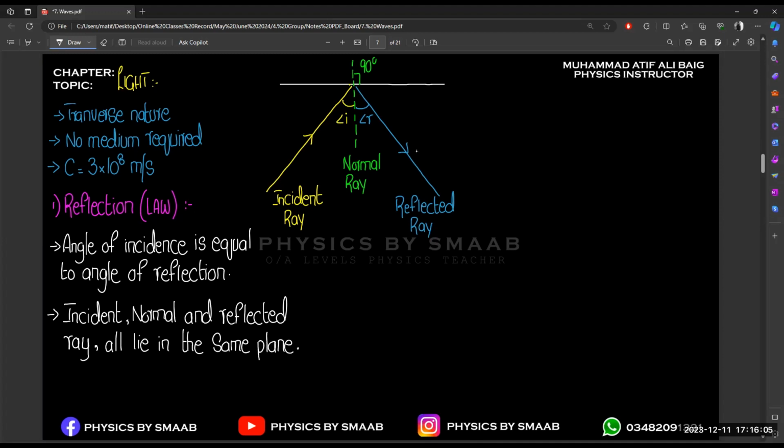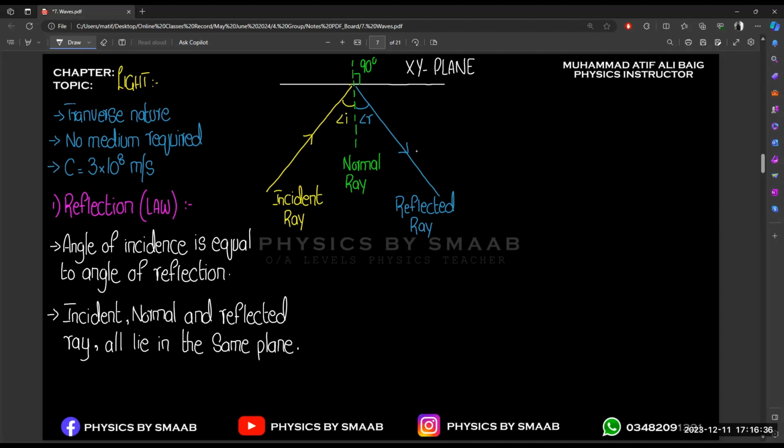Basically in the diagram, you observe that all rays are between the X and Y axis, right? There is no concept of Z axis. So the second postulate explains that all rays must be in the same plane. We are working on the XY plane, so all types of ray lie in the same plane, right?